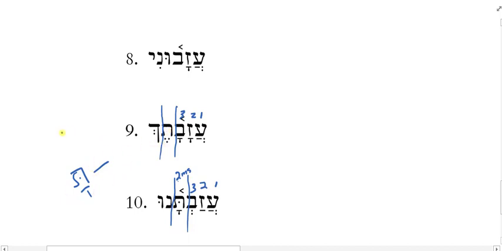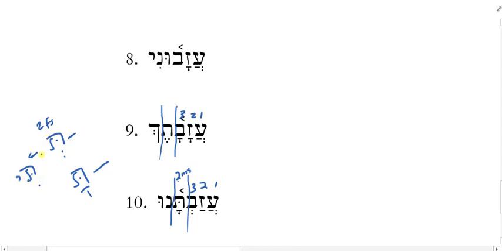So what do I make of this? Is this really the ending tî with the silent shva and then a pronominal suffix added? You're shaking your head no, because you know what happens to the 2fs personal ending before I can add a pronominal suffix to it. It's got to change, right? It becomes ti before I add a pronominal suffix.